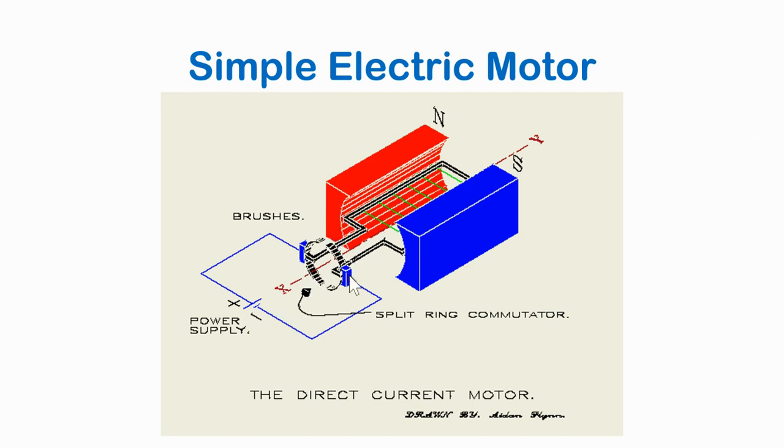On the opposite side, at the same exact time, you have an opposite current, a negative charge, going over here, and so it is a south pole. The south pole magnet is also pushing it away. So as the north pole is pushing it away and the south pole is pushing it away, it'll cause it to rotate.